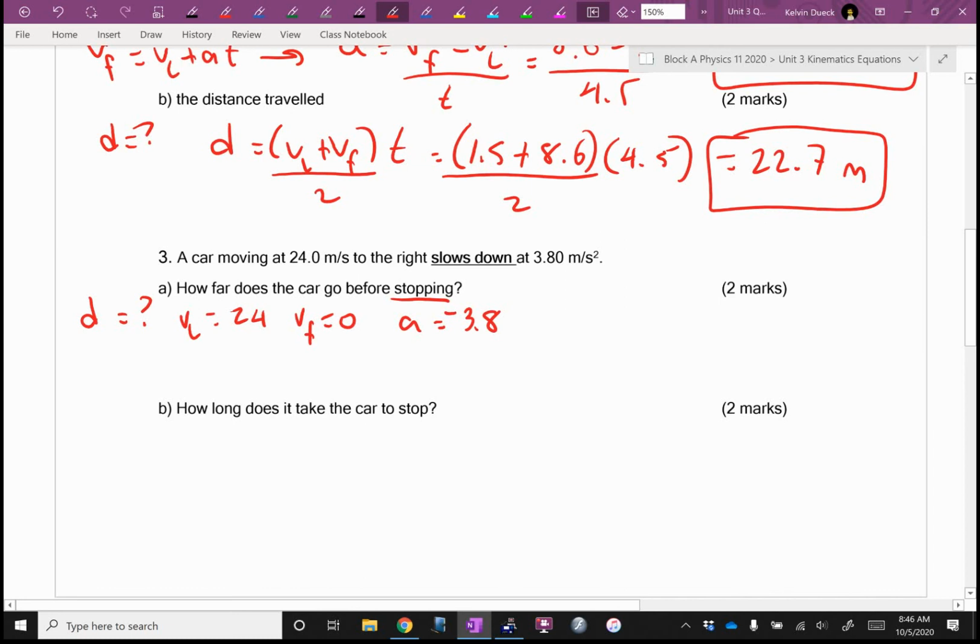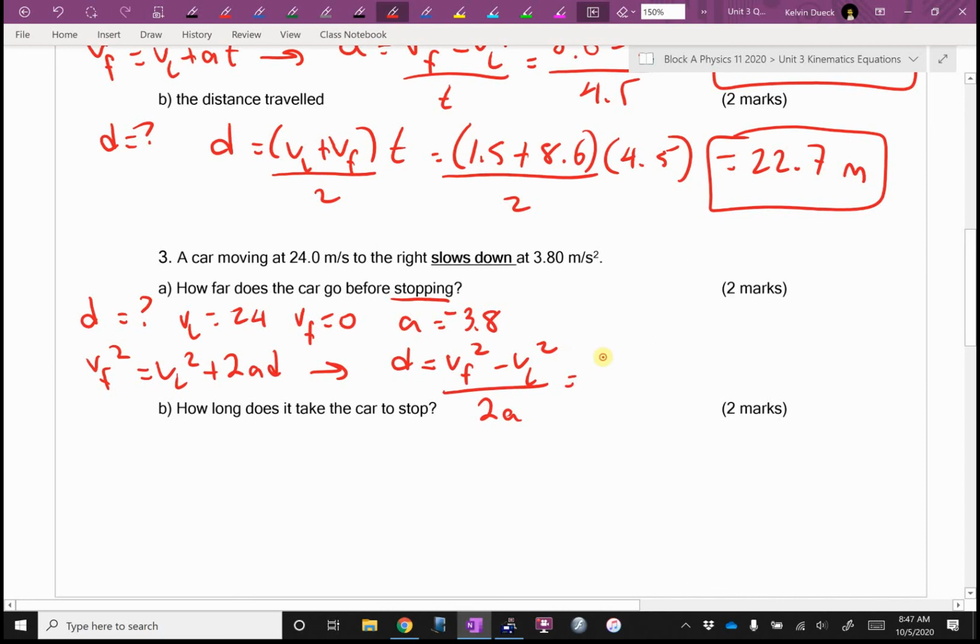Yeah. I'm going to use VF squared equals VI squared plus 2AD. I want the D by itself, Mr. Dewick. The VF squared would drop down like a domino, minus VI squared all over 2A.